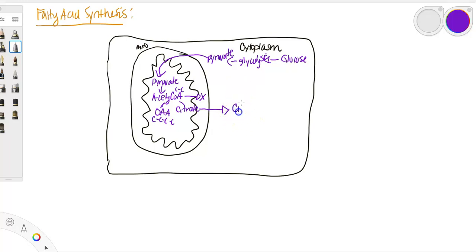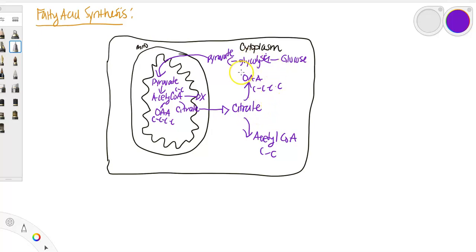So we have citrate here, and once it's out here, a couple things can happen. We can actually get oxaloacetate and acetyl-CoA. So it can enzymatically be broken down into that and that, the oxaloacetate.